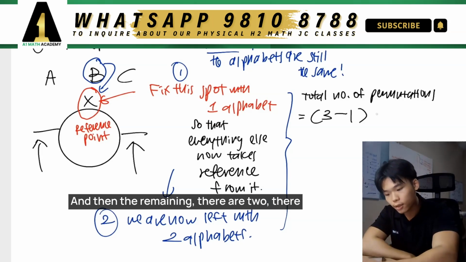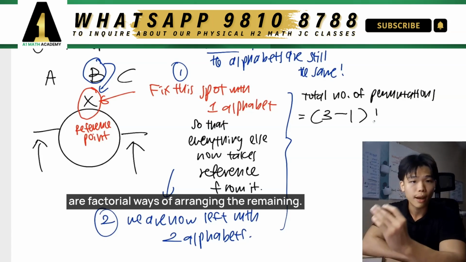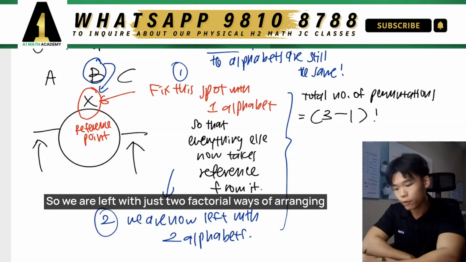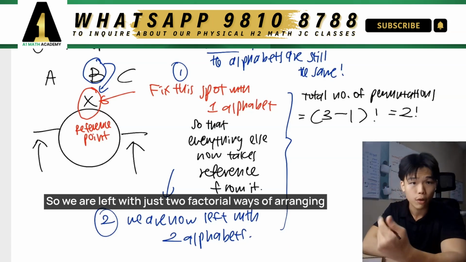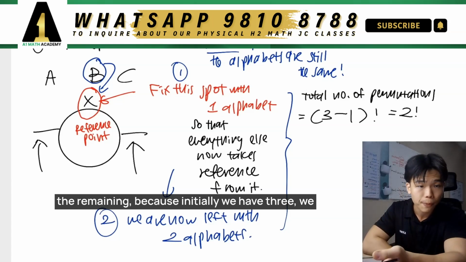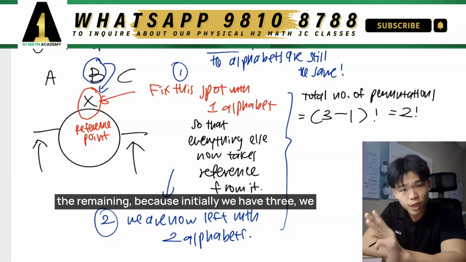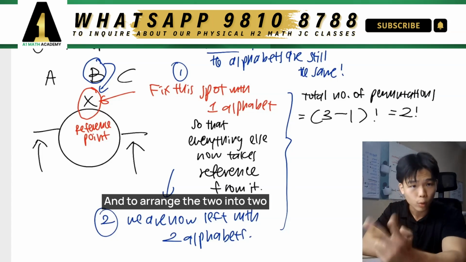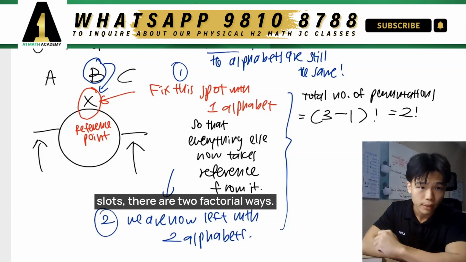And then for the remaining, there are factorial ways of arranging them. So we are left with just 2 factorial ways. Because initially we have 3, we take 1 out to be the pivot, we are left with 2, and to arrange the 2 into 2 slots, there are 2 factorial ways.